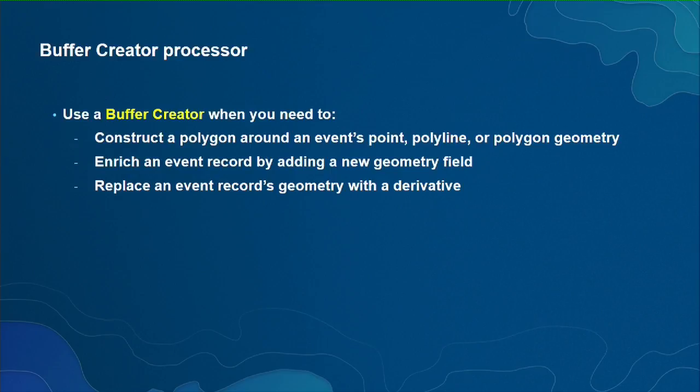And this is an important distinction versus a feature record that you might be familiar with in a geodatabase that can only have one geometry and can only have one type of geometry. An event record has a geometry, one or more, and it's just another attribute. So I can have an event record that has points, lines, and polygons associated in it. If I want to put that into a feature service, that's where I'd use a field mapper to simplify that down and choose only one of the geometries.